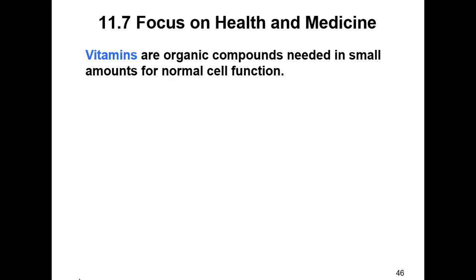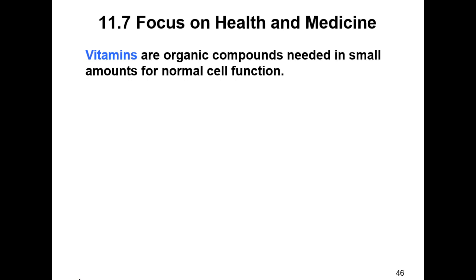All right. So when we just talked about solubility, when you talk about vitamins, you hear this all the time. Is it fat soluble or is it water soluble? There are two types of vitamins that we need that our bodies do not synthesize. We need to put them inside of our bodies. So vitamins are organic compounds needed in small amounts for normal cell function.